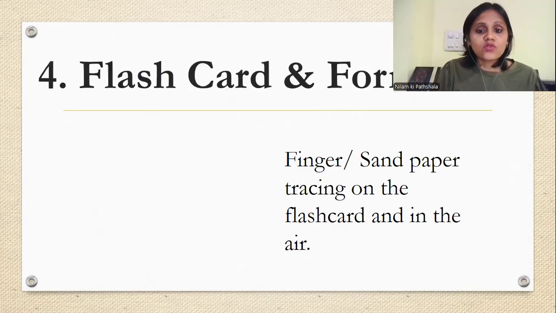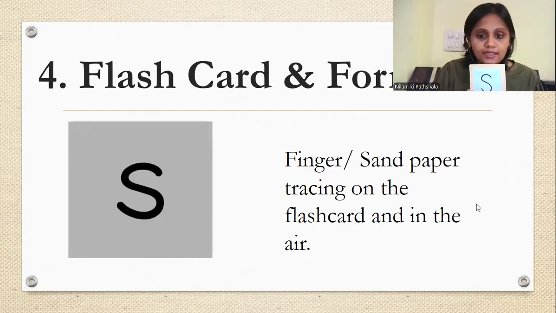Okay, so let's move ahead. Now it's time for the flashcard and the formation of the letter. All right, so how will we do this? For that, we need a flashcard. To tell the children the formation of the letter, here I have the flashcard and in the slide also I have the flashcard.